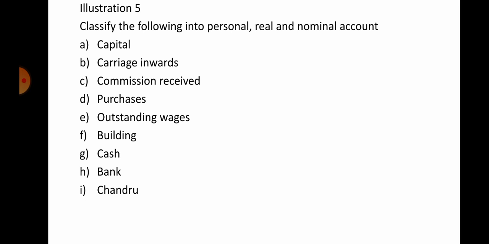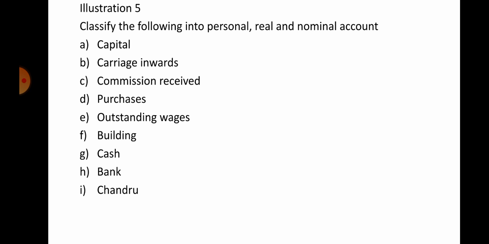Okay, representative in the sense, we will be entering only outstanding wages. But what is the meaning? The 10 employees, for them we have to give the wages. We didn't give wages for these 10 employees, like that. So that is a personal account.